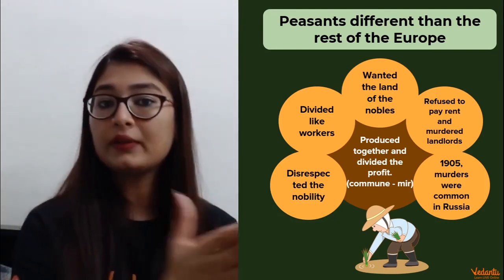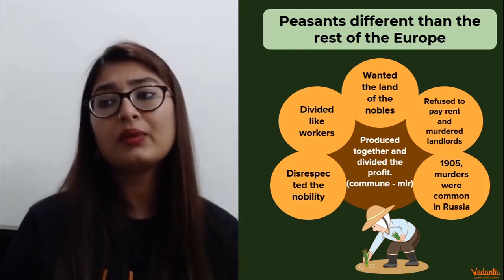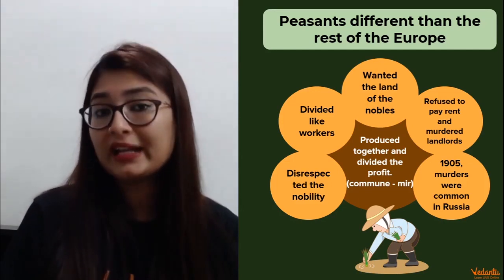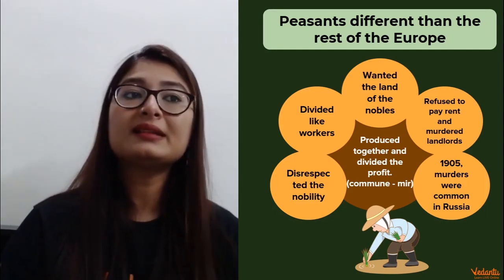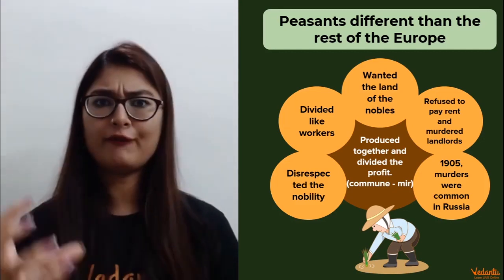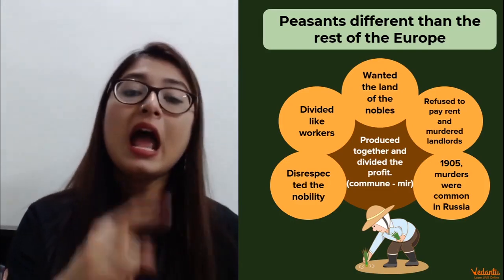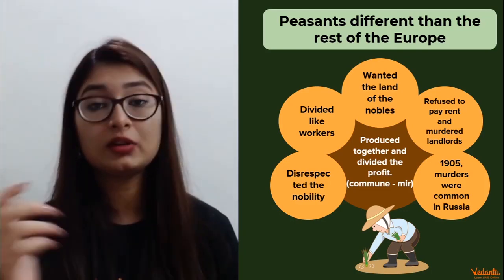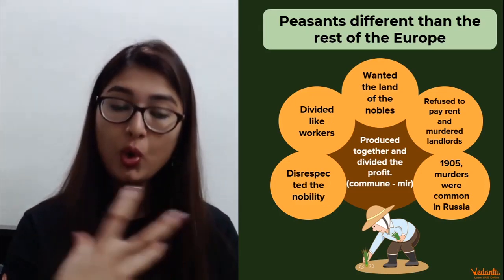And this is the difference. The peasants in other places we have seen were very quiet, very suppressed, very fragile kind of people who could have been easily dominated by others. They were very submissive, but here they were very, very assertive. They were like, hey, you have to do this, listen to my demand. As a result, they neither respected the Tsar, the king, nor the nobility which owned all of that land.